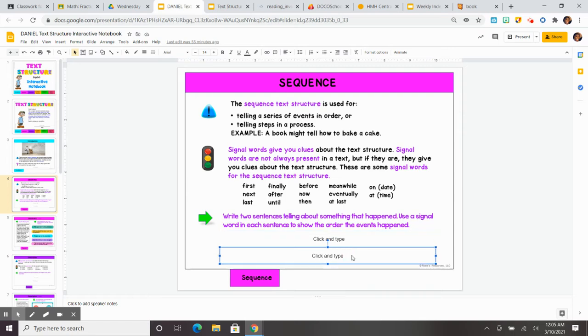Okay, it says write 2 sentences telling about something that happened. Use a signal word, and again use one of the signal words from up here to show the order the events happened. Okay, so that is sequence.